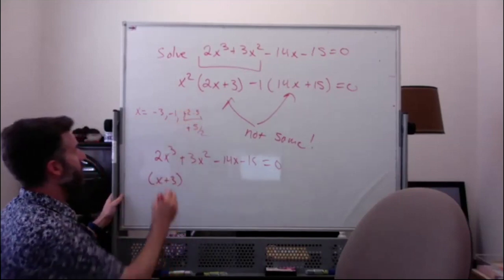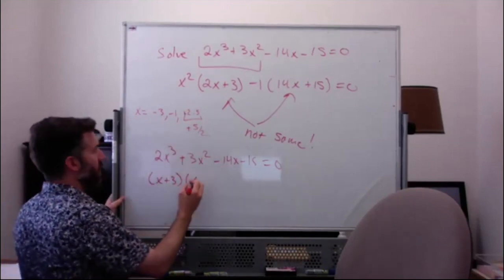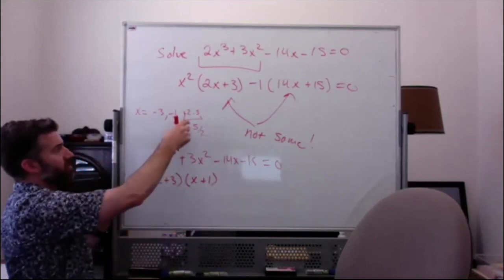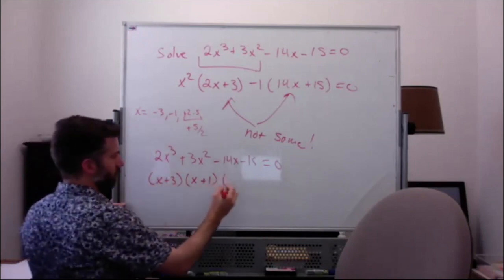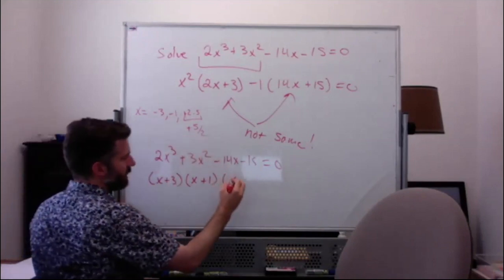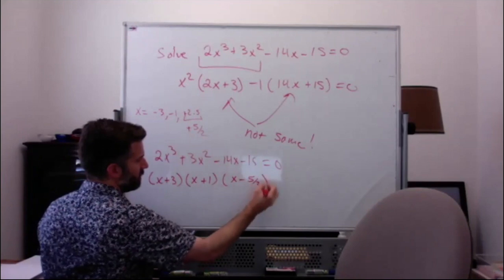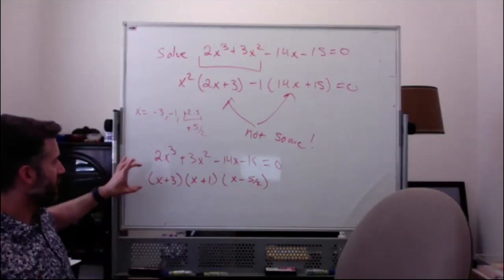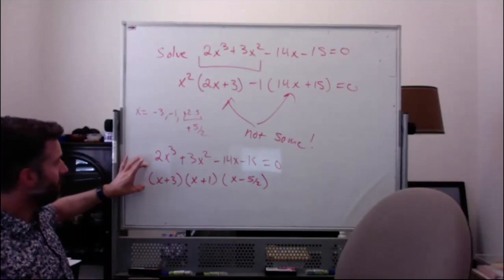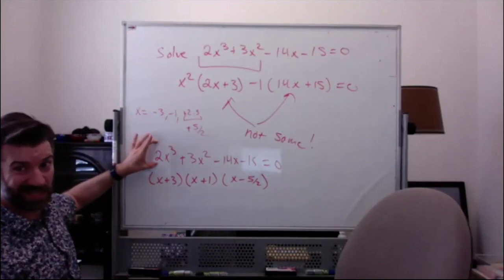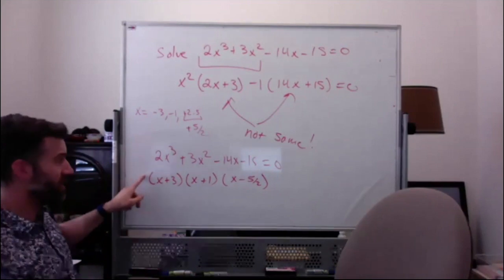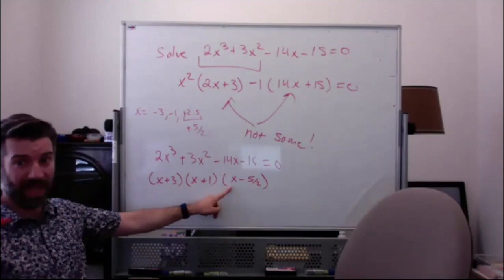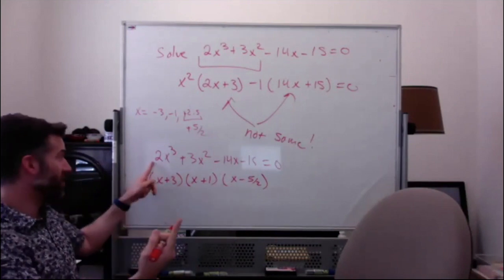And if -1 is a solution, x plus 1 has to be a factor. And if 2.5, or 5/2, is a solution, I'm going to say x minus 5/2, but that isn't quite right. I mean, it is right, but if I multiply this out, x times x times x would give me just 1x cubed, and I have a 2x cubed.